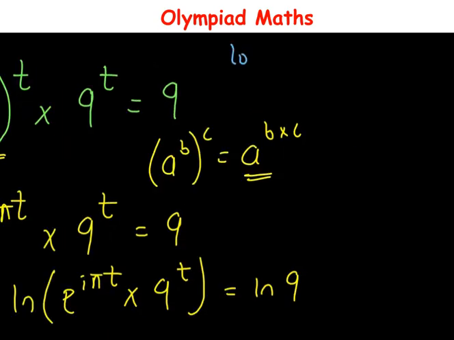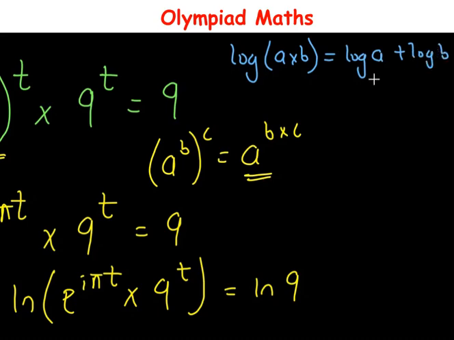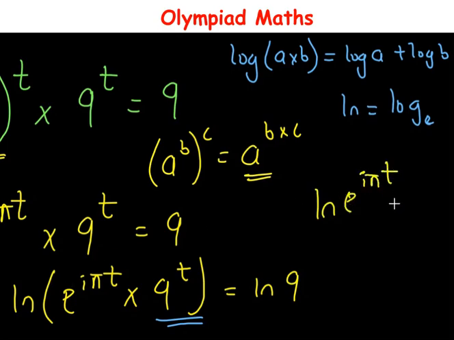If you have log of a times b, this equals log a plus log b. And don't forget that ln is equal to log to base e, so we can apply the rule of logarithm to natural logarithm. Applying this rule, what we then have is ln(e^(iπt)) + ln(9^t) = ln 9.